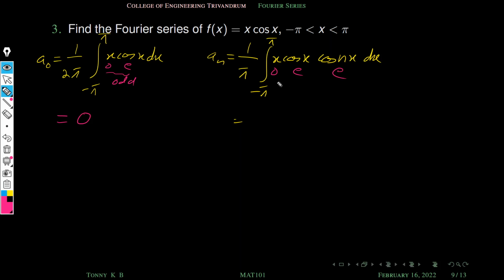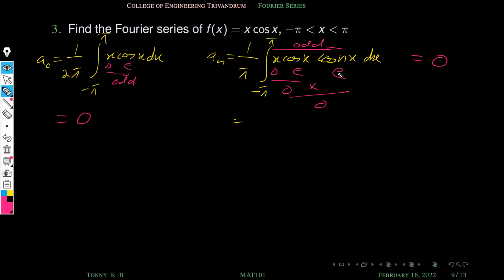So what about the product? Odd into even is an odd function. So again odd into even is an odd function. So this entire function is odd, right? So as in the previous case, the integral from minus a to plus a of an odd function is equal to 0. So in this example, a naught and all the an's are 0.